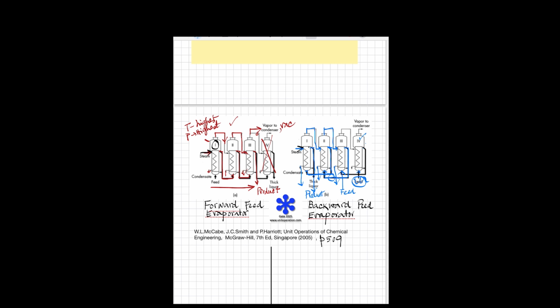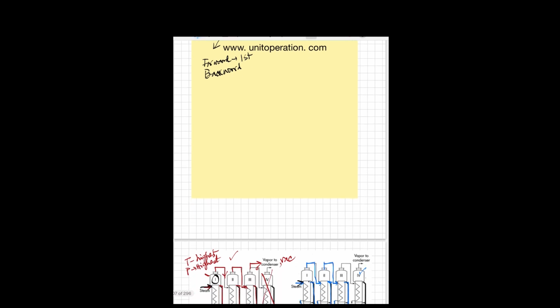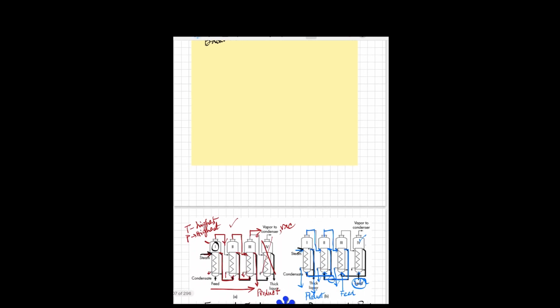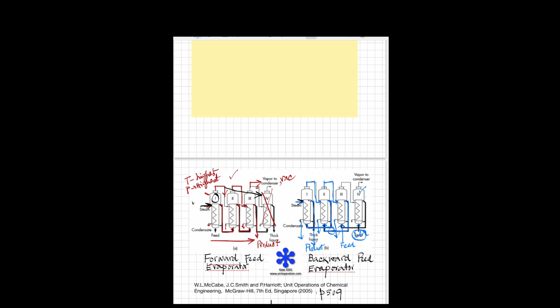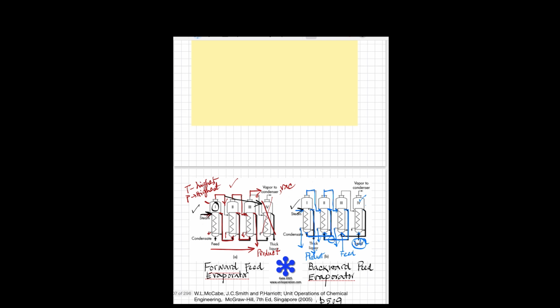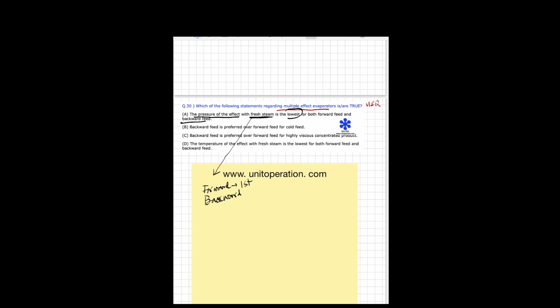So, the temperature and pressure in both cases are highest at the first evaporator, and it keeps on decreasing as it goes from the first to second to third. So, if it says the pressure of the effect with the fresh steam is the lowest, that is not true, it is the highest. So, this is false.